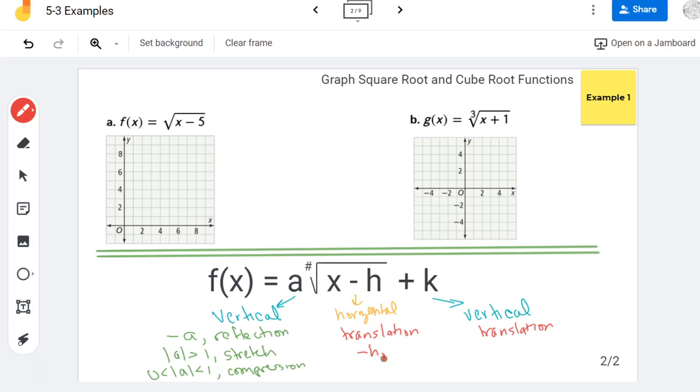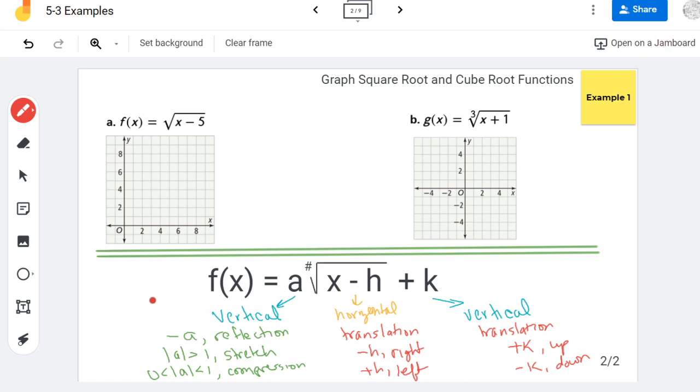If it says minus h, you're going to feel like you need to go to the left, but really you're going to go to the right. And if it says plus h, you're going to feel like you need to go to the right, but really you're going to go to the left. The vertical translations are how you feel like they'd be, because it's already added in the equation. So if it says plus k, you go up, and minus k goes down.